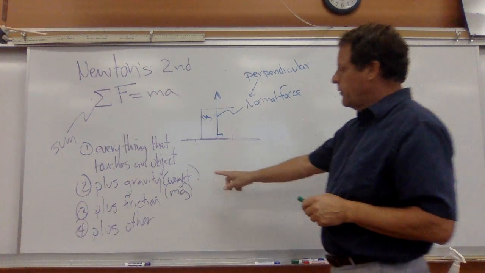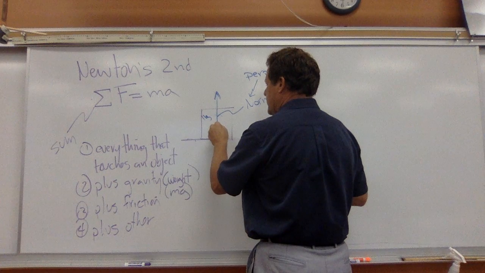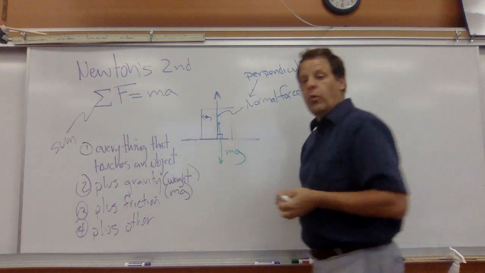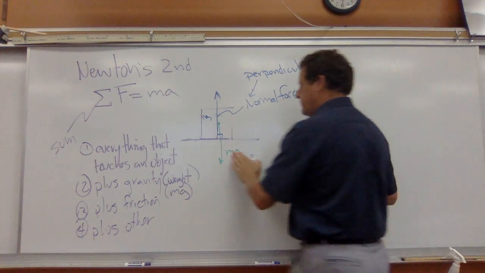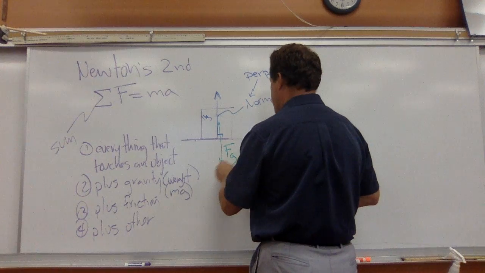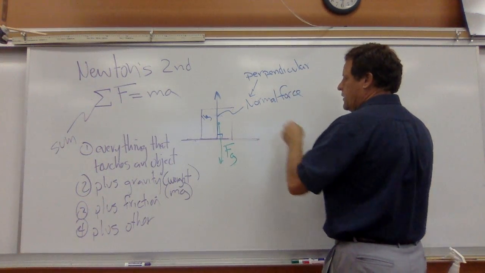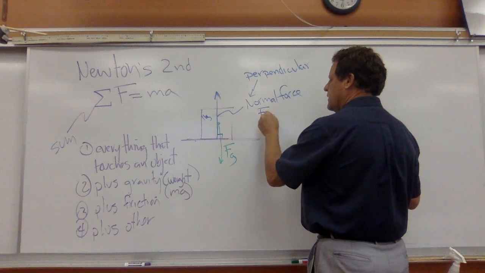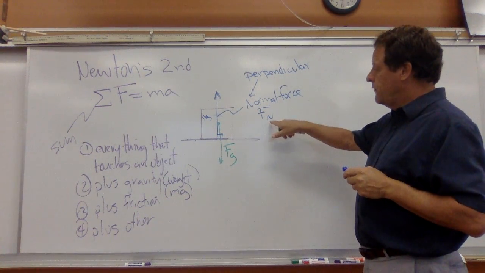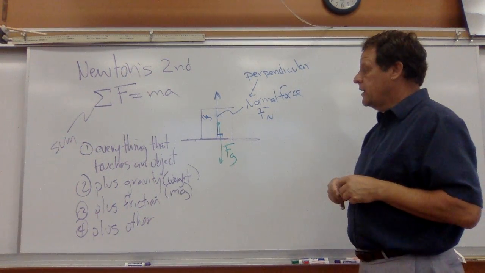And the other force, we're going to have plus gravity, okay? Now gravity, we could just put mg, or we could just put F of g. And in the same way, we can say force normal, okay? So we have force normal, force of gravity, okay?